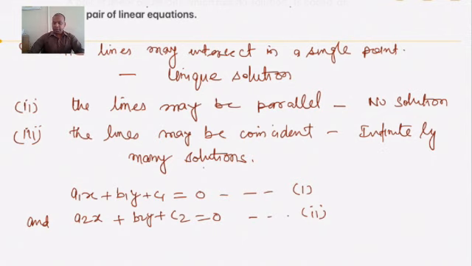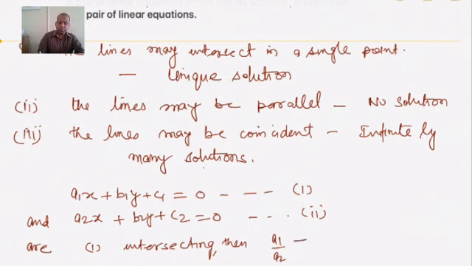Lines represented by these two equations are intersecting if a1 upon a2 is not equal to b1 by b2.